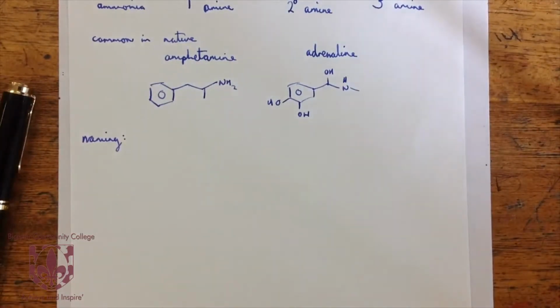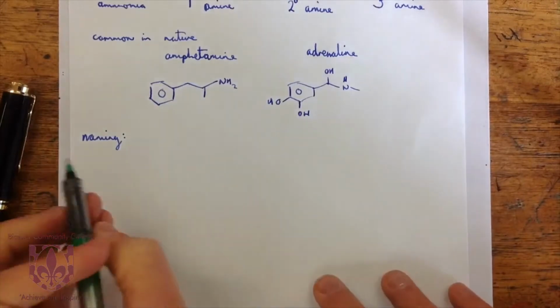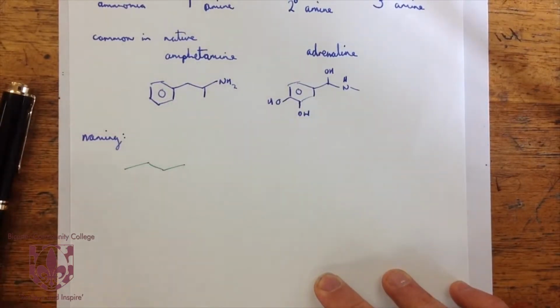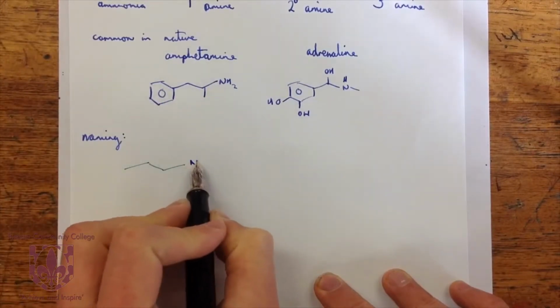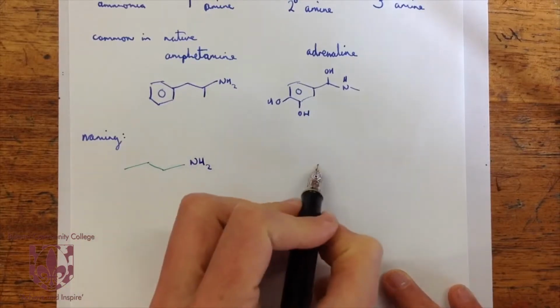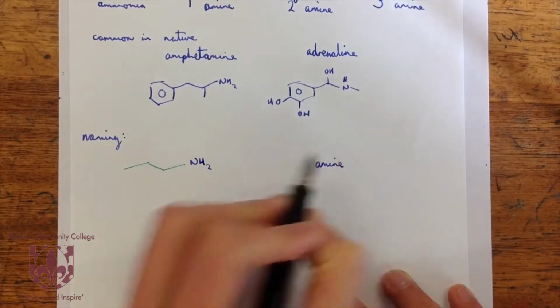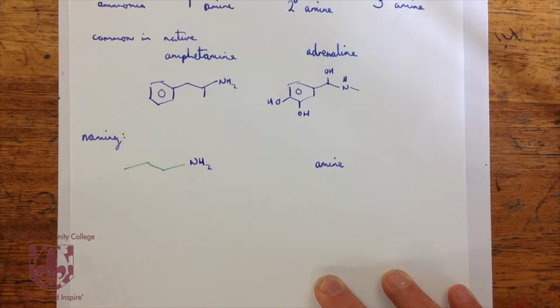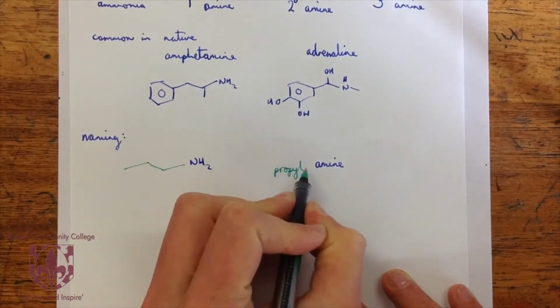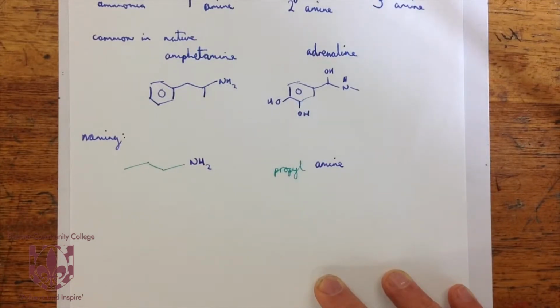So how we name amines is you look at the chain, that is the R group, and then you have your amine, your NH2 section there, and this is then propyl amine. So propyl amine, not propamine, like you might expect.